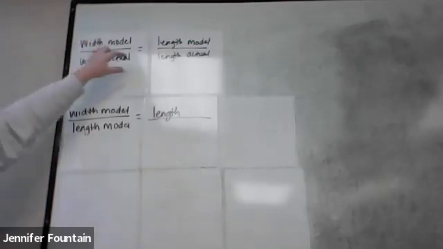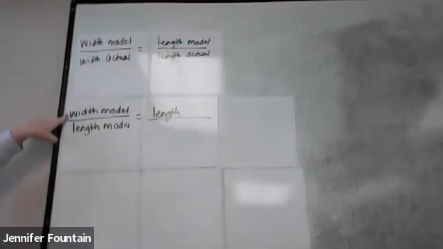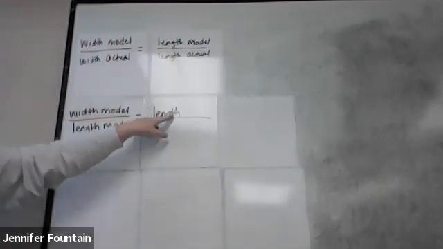We're talking about a model and an actual. Those are 2 things that I'm comparing here. We just said I'm doing width of model over width of actual is equal to length of model over length of actual. Now here, what is in my numerator? Width of model.